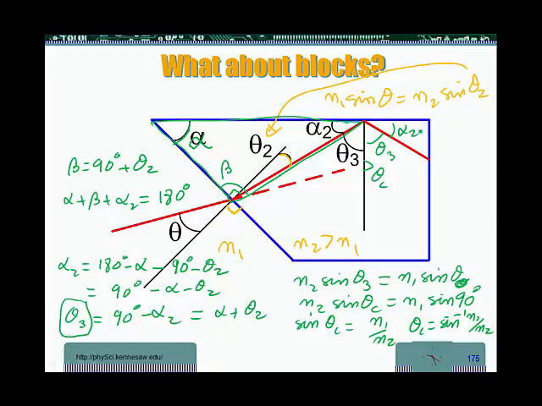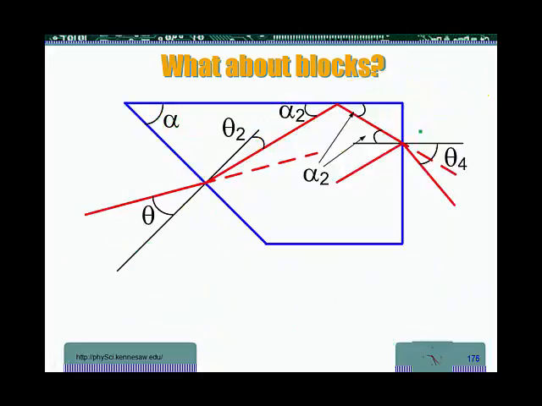Let's go further. Once we have that, we know that this angle is alpha 2. Using geometry again, we can figure out that this angle is alpha 2 as well. If that angle is alpha 2, that's my angle of incidence for this new interface. The angle of reflection here is going to be again alpha 2.